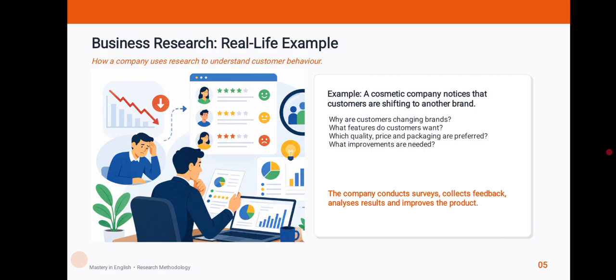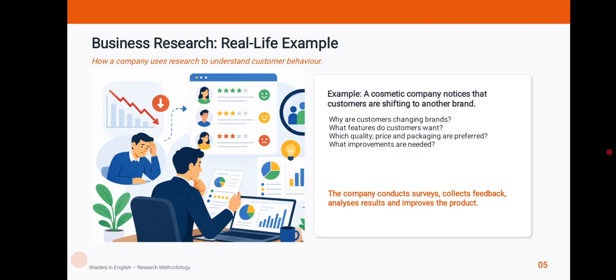So now let us understand business research with a real life example. Suppose a cosmetic company notices that customers are shifting to another brand. Now the company wants to know why customers are changing brands. They may ask, what features do customers want? Which quality do customers prefer?